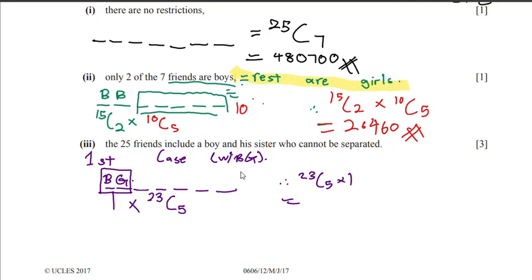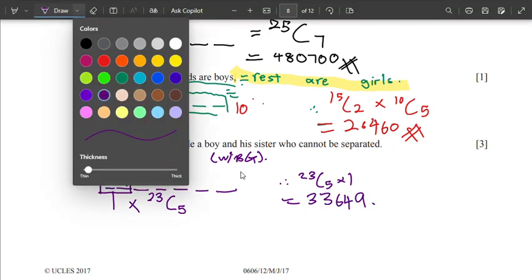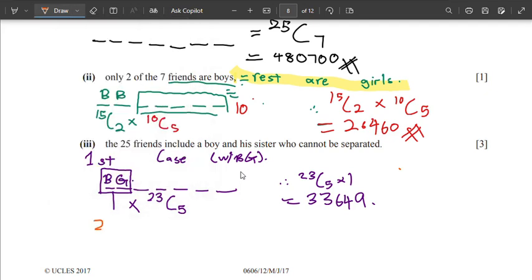Next. Alright, so my second case is like this. I don't invite the boy and the girl. So now my sample space is going to be 23 total.